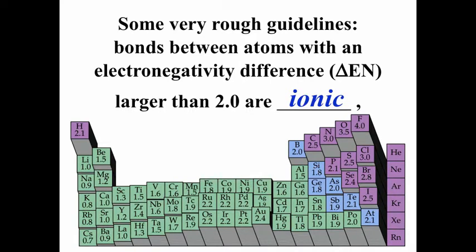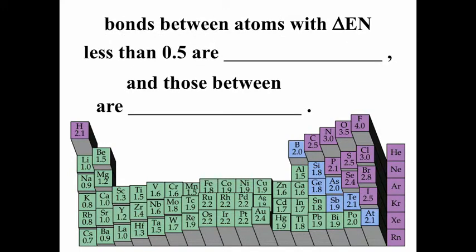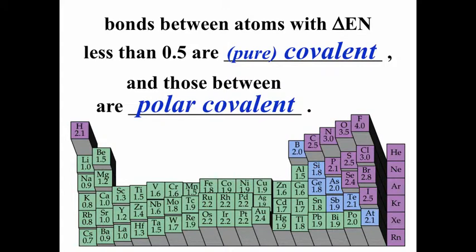The electronegativity difference is large enough that the electrons are transferred from one atom to another, and we basically have ions being formed.